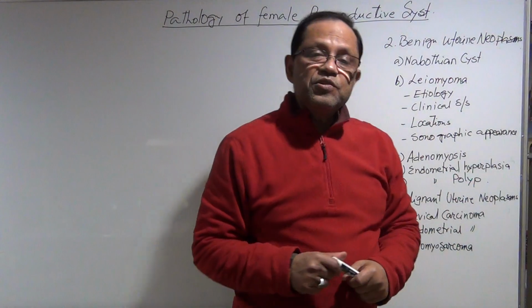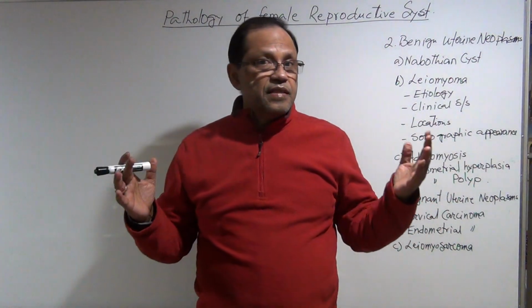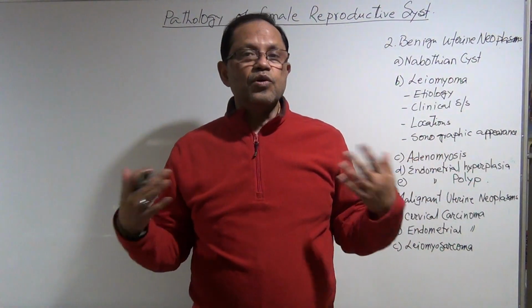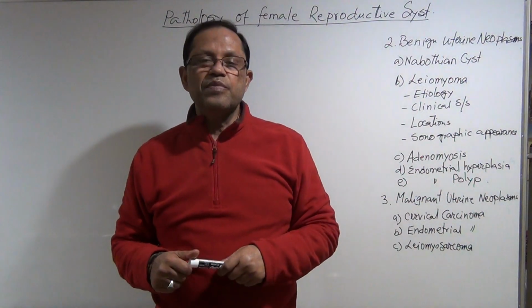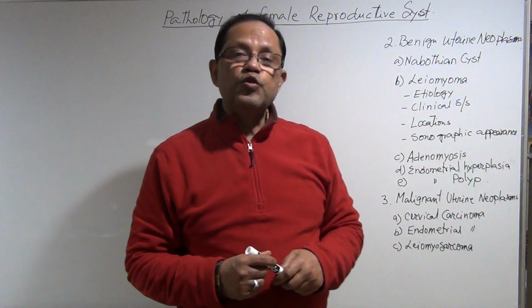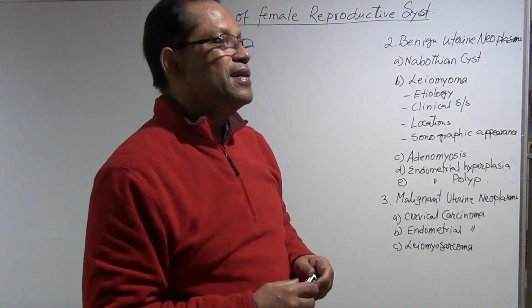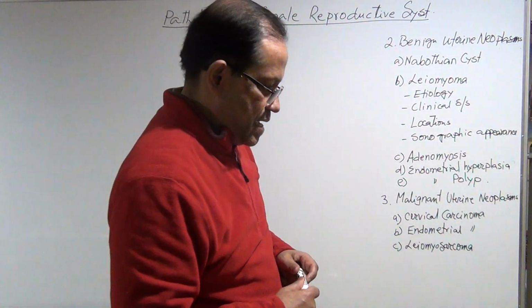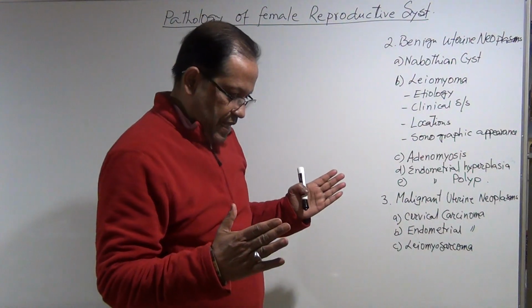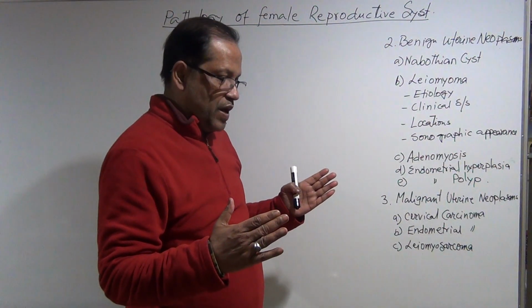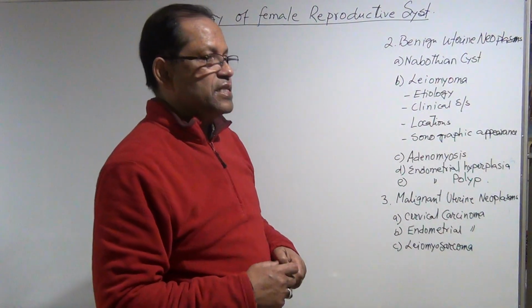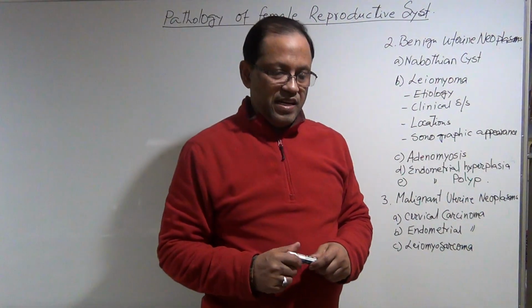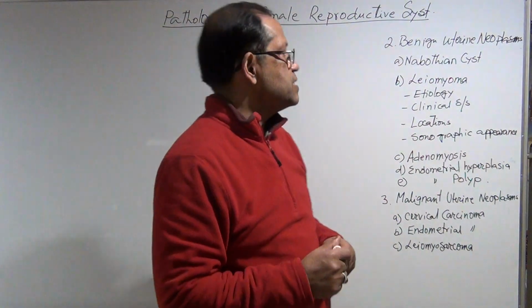So neoplasm is the new growth, mostly a solid type, and it could be benign and it could be malignant. We will understand the characteristics of the benign nature and of the malignant nature, that is the sonographic characteristics.